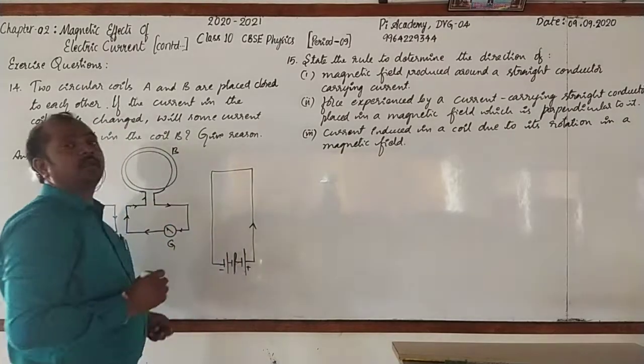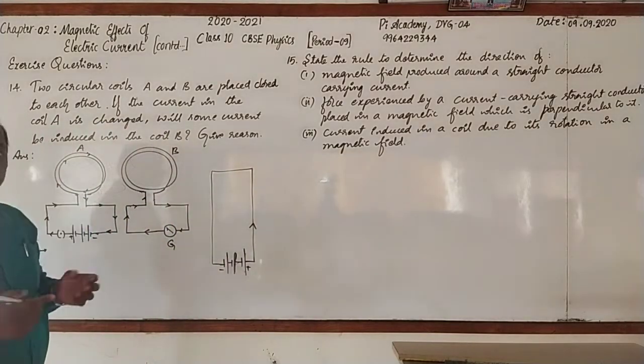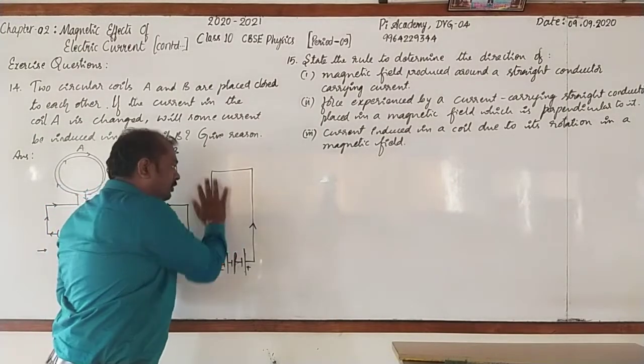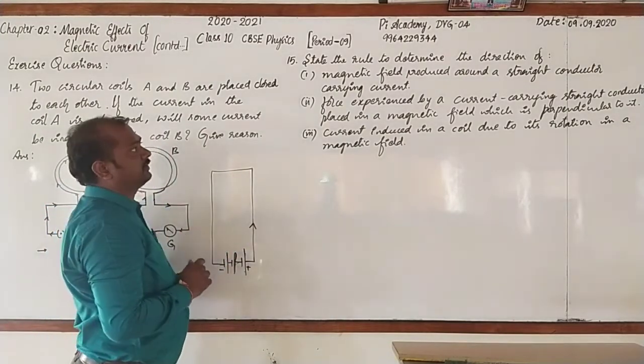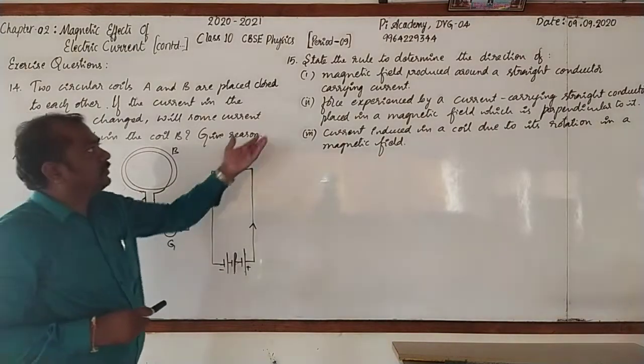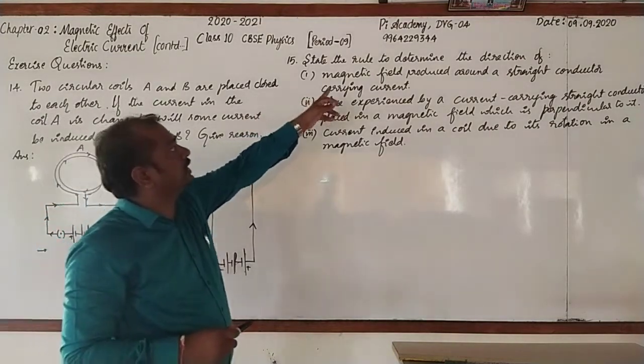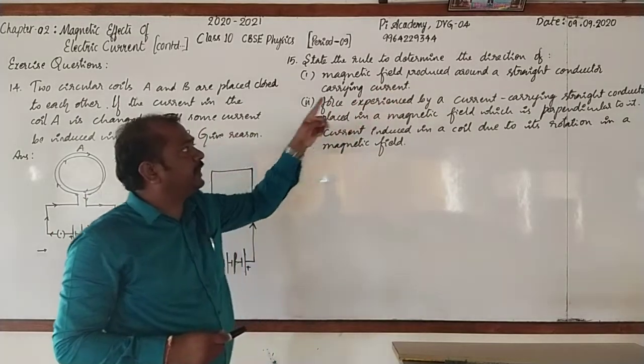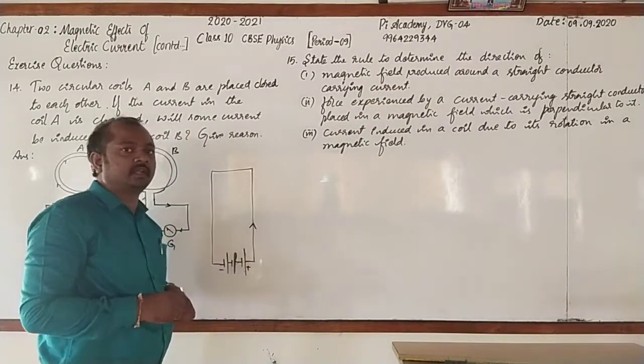Observe. Then obviously the magnetic field is developed around this conductor. We have to state the rule to determine the direction of magnetic field produced around this conductor.